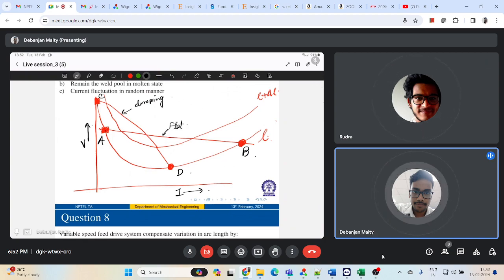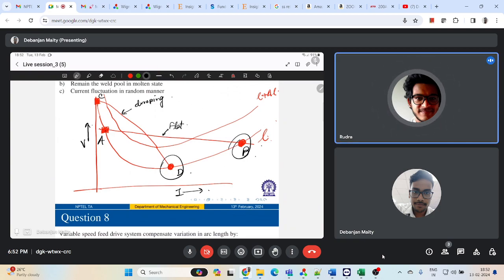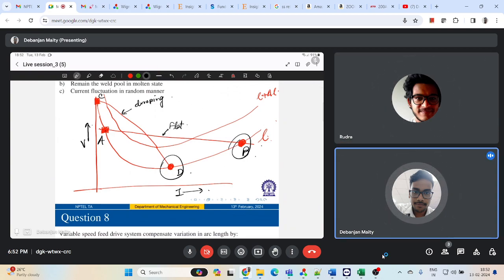So it can be easily seen that these two points are my stable operating points, which are given by the intersection on the right hand side and not by those on the left hand side.